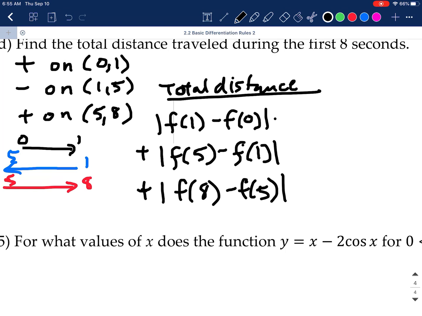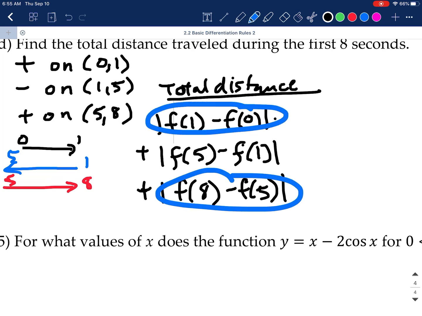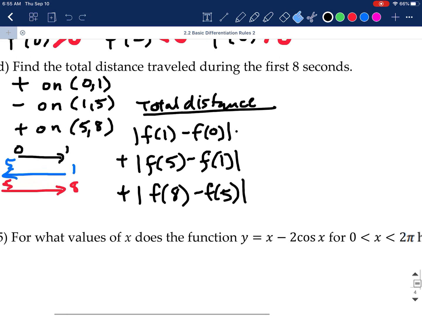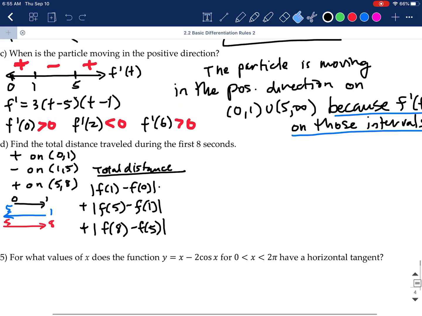Now you'll notice I've added absolute values here because I want my answer to always be positive. I actually don't need absolute values on these first two, but in general, as long as you know where the change of position is, if you take the absolute value, you'll guarantee that your answer will be positive. All right, so then we just need to calculate our total distance.